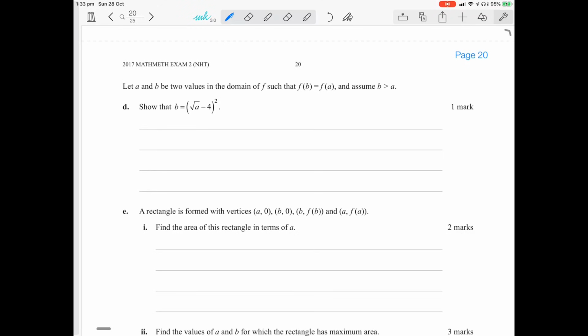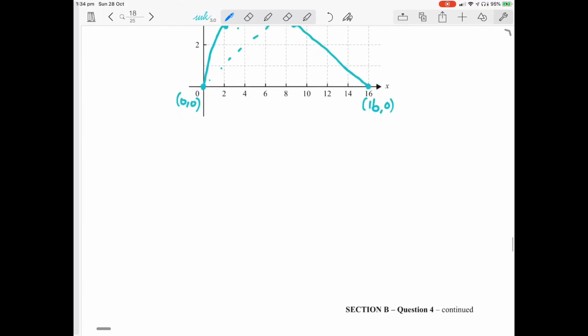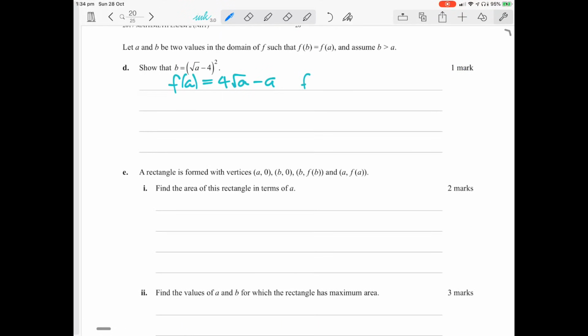Show that B... okay, so if f of A is 4 root A minus A, and f of B is 4 root B minus B, we set them equal. 4 root A minus A is equal to 4 root B minus B.